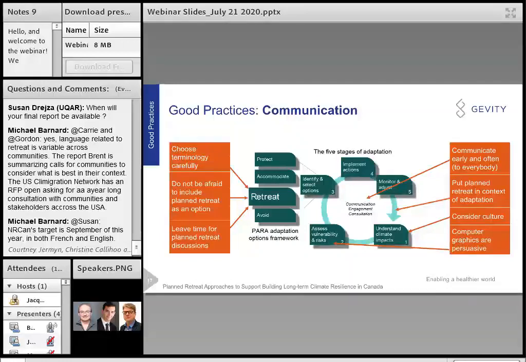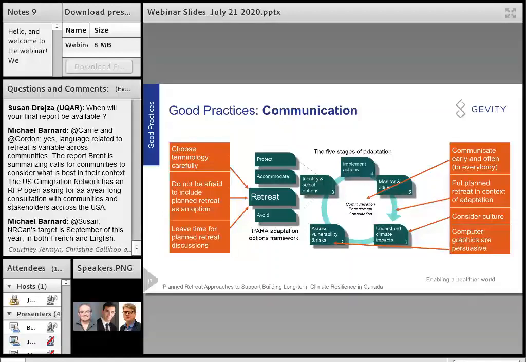Leave time for planned retreat discussions, on the bottom left. Some of these discussions may take decades or generations before they lead to a decision for retreat. It might not currently be acceptable to the members of a community, but the longer they live in that community and the more they see climate change playing out, there could be some change over time. Or there could be changes in who lives in those communities.